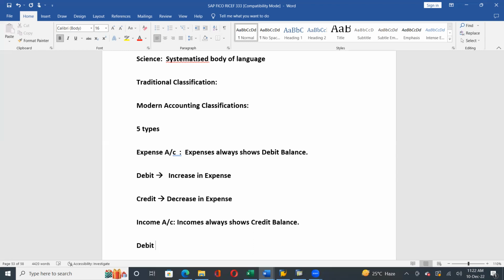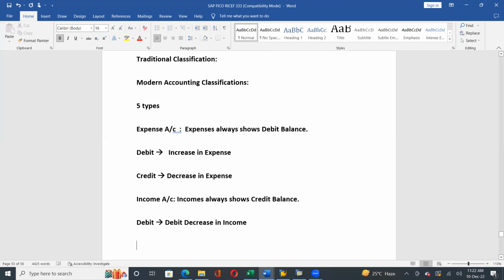What would be the rule? Debit decrease in income and credit increase in income.